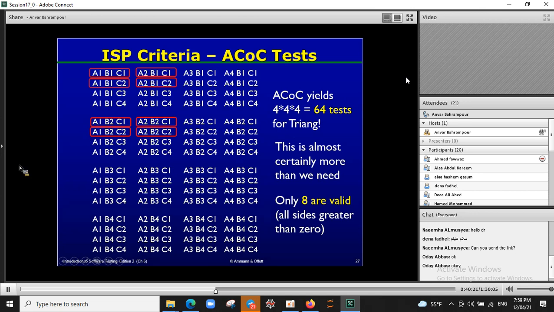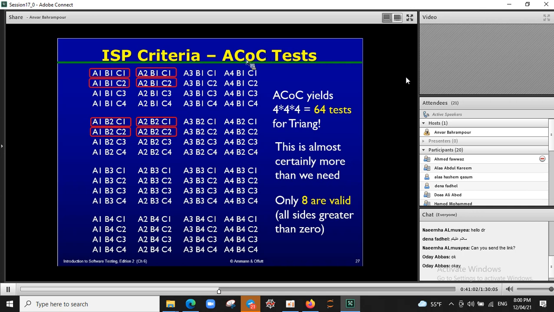And when we continue this policy to compute other combinations, we have A1 B2 C1, and so on. This column is changed by B2. This column could be changed by B3. This column could be changed by B4. And this is the same for other collections of our combinations.